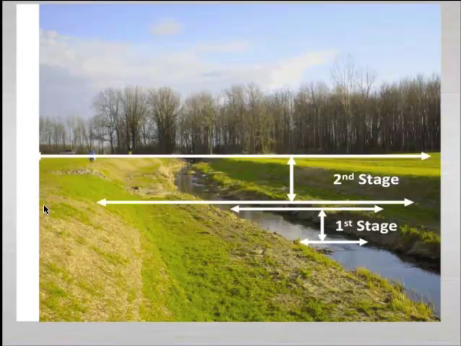So we know in natural stream systems that if you have a small drainage area to a point, you'll typically have a small channel. And as you go downstream, the channel typically gets larger. Well, we can go throughout a watershed and measure that and come up with a relationship that can help us determine how big that first stage might be.